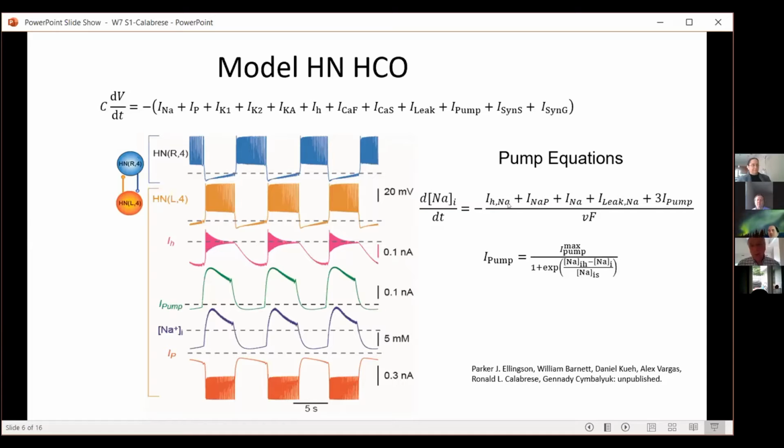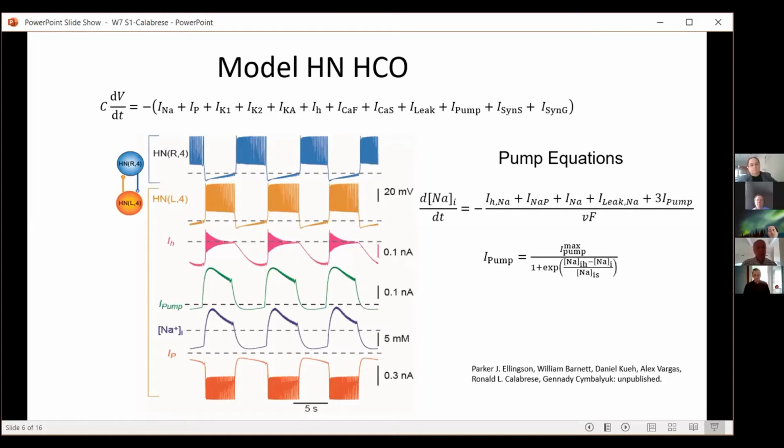So H current, part of it is sodium, the persistent sodium current, the fast sodium current. There's part of the leak current that's sodium, and then there's the pump current. And our pump model is one that has no time constant. So it instantaneously responds to the internal sodium concentration and increases its activity.